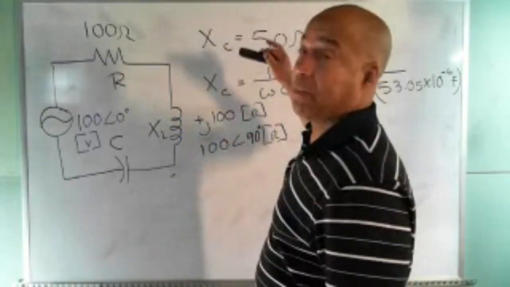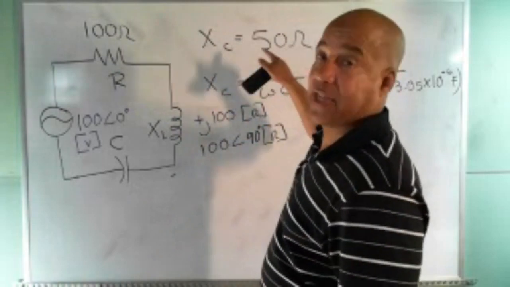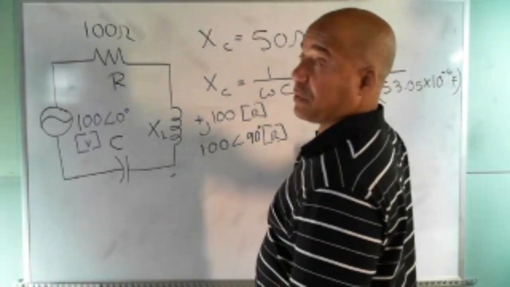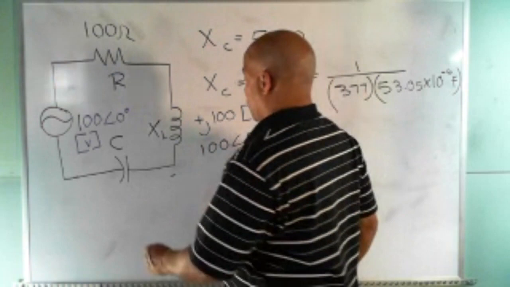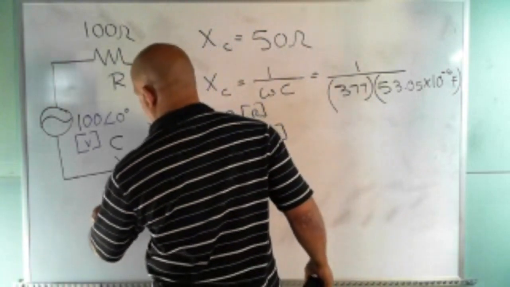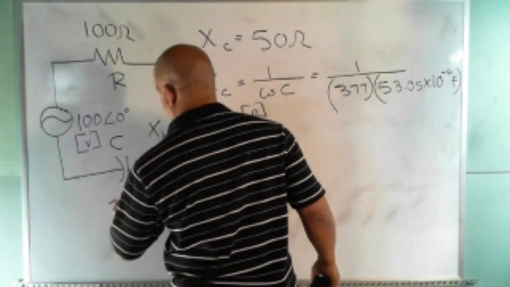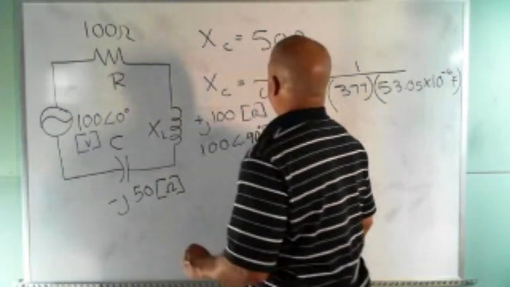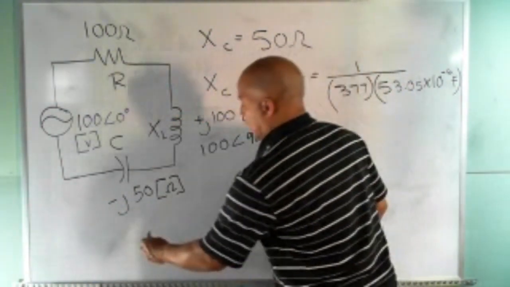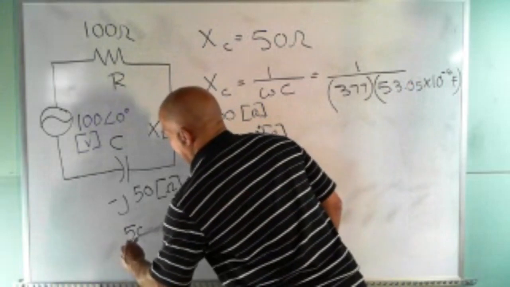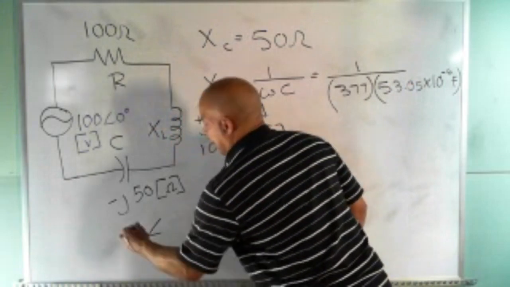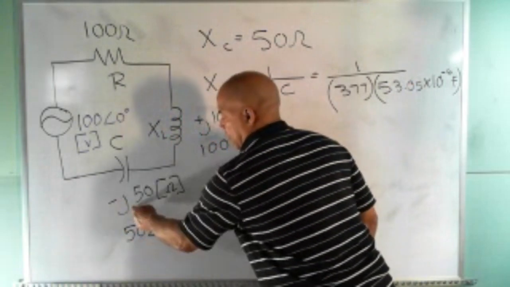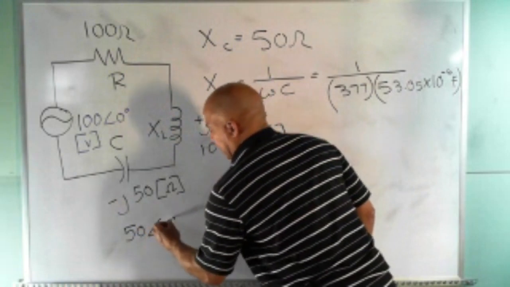If it's 50, it's really a minus J50, you've got to put that in there. This math will not tell you that. So I'm going to put this in rectangular. It's a minus J50. And in polar form, it's a 50 and an angle of, if my J operator is negative, this has to be a minus 90.